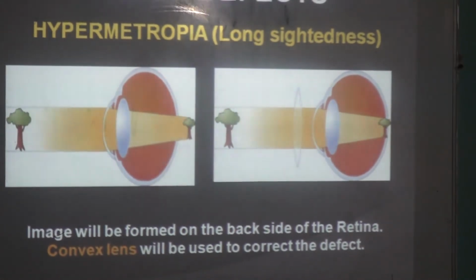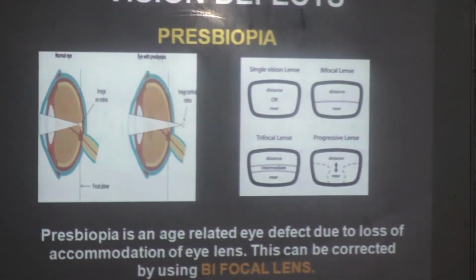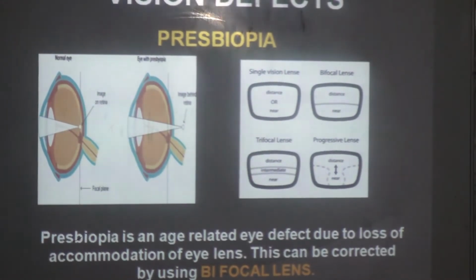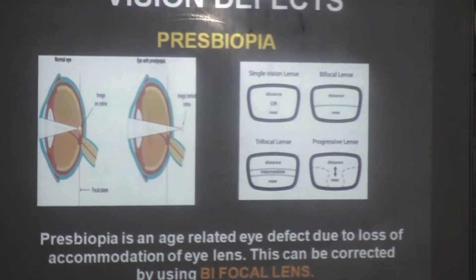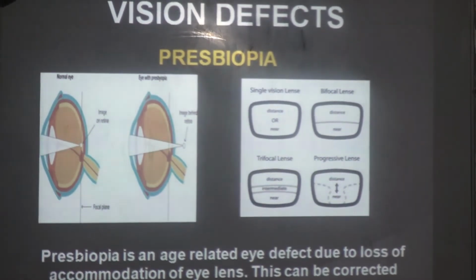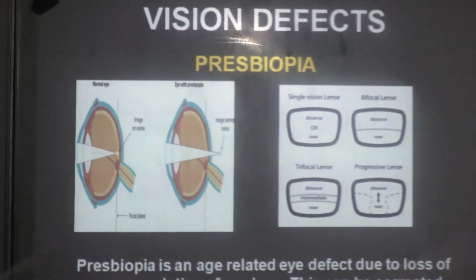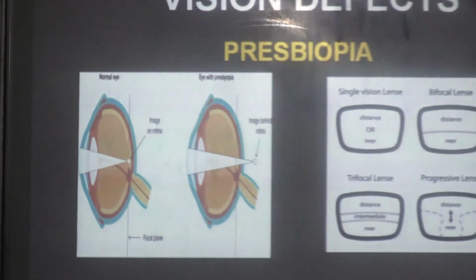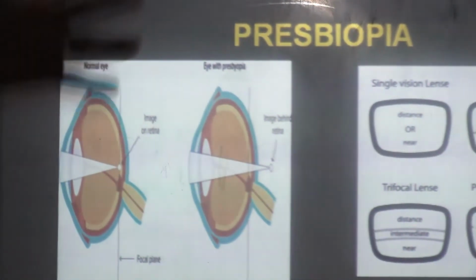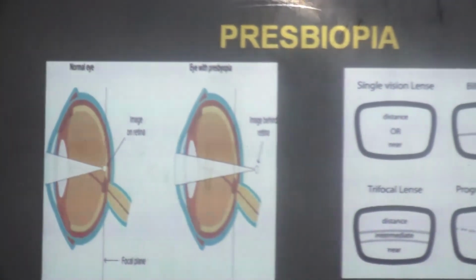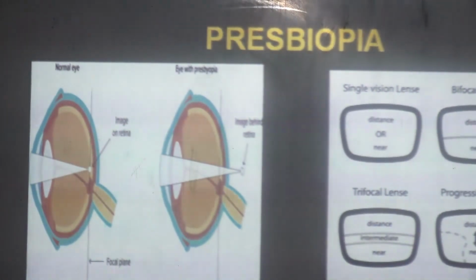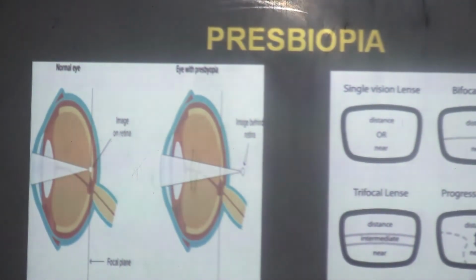Another important defect is presbyopia. This is the commonly observed defect in all aged persons. This is an age-related problem. Here, the person suffering with presbyopia cannot see the nearer objects or the far objects clearly. That's why this is called presbyopia, and in Telugu we can say it as chatvaram.